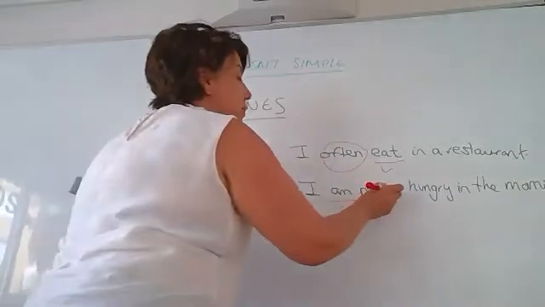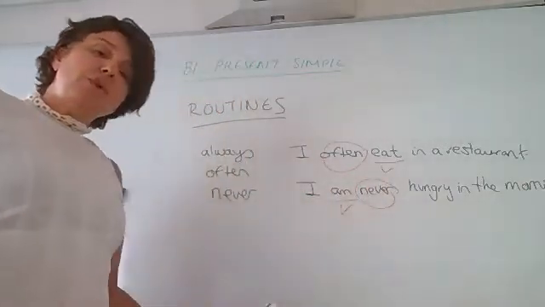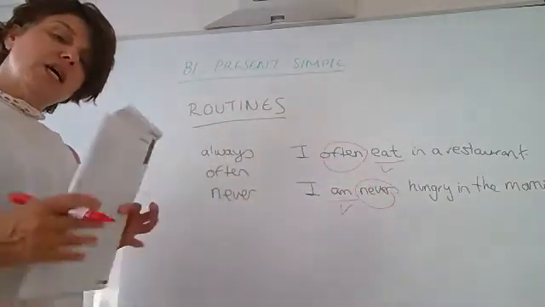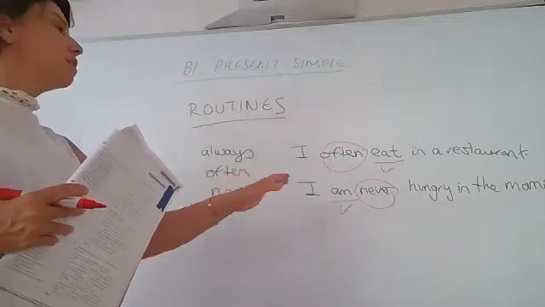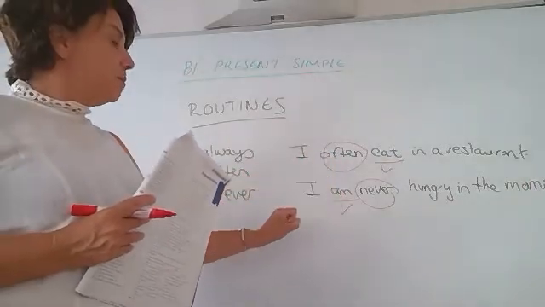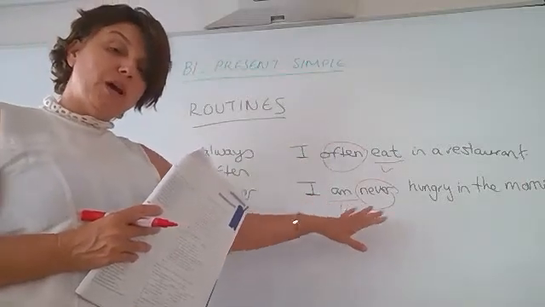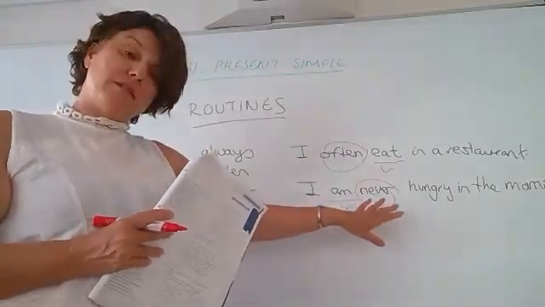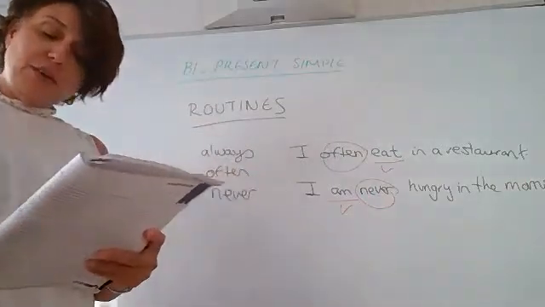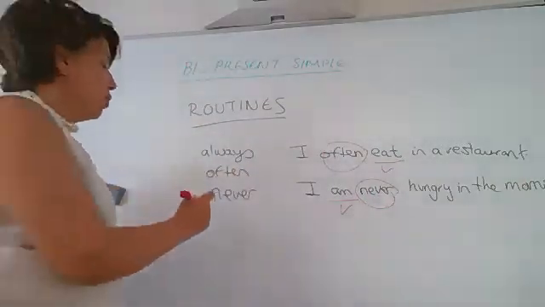It's after. And that's a rule. It's always like that. I often eat goes in the middle, and if it's the verb to be, we put it after. It's different.